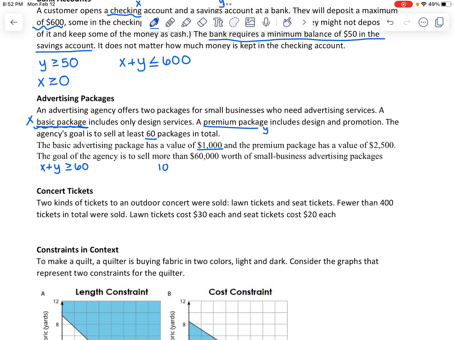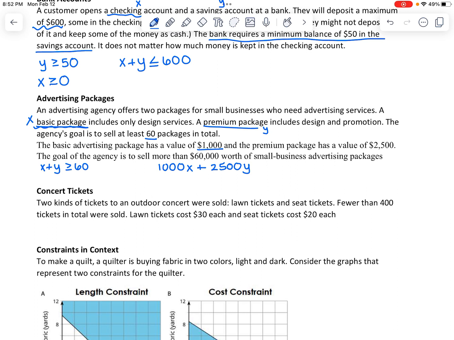So 1,000 times X will tell me how much money the basic package earns, because it's $1,000 for every X sold. And for the premium package, that's $2,500 for every premium package sold. So 2,500 times Y is the value for the premium packages. And when we want to find our total profit, we would just add them together.